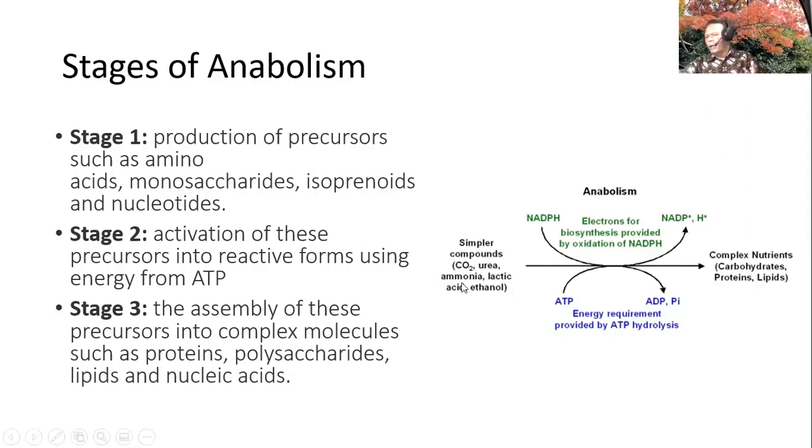Let's see this one. These are simple compounds, like carbon dioxide, urea, ammonia, lactic acid, and ethanol. And these precursors will be used to produce complex nutrients such as carbohydrate, protein, and lipid.